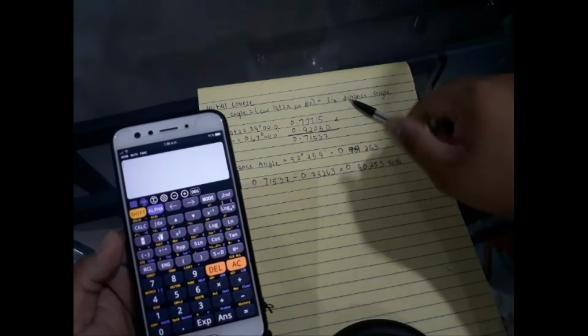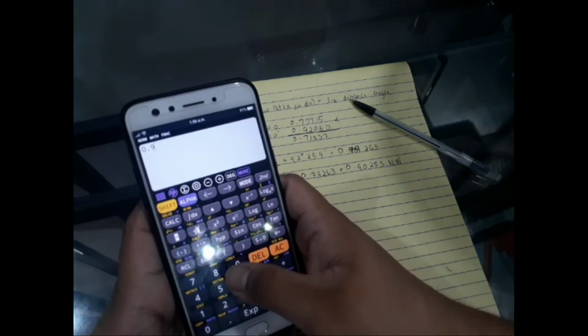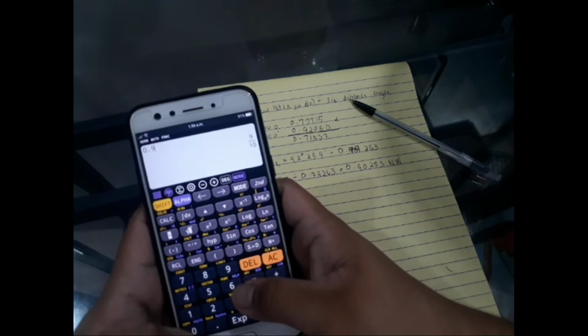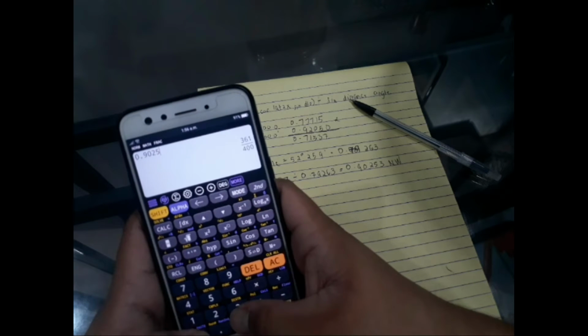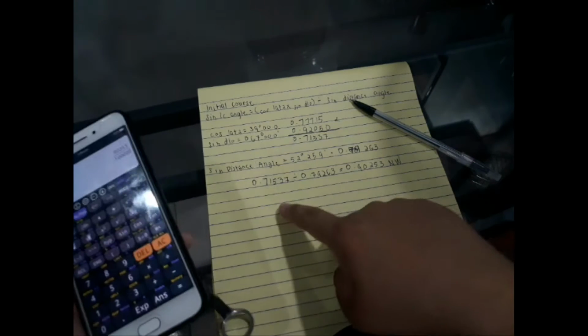So that's not the end of it. So 0.90253, that's the answer.